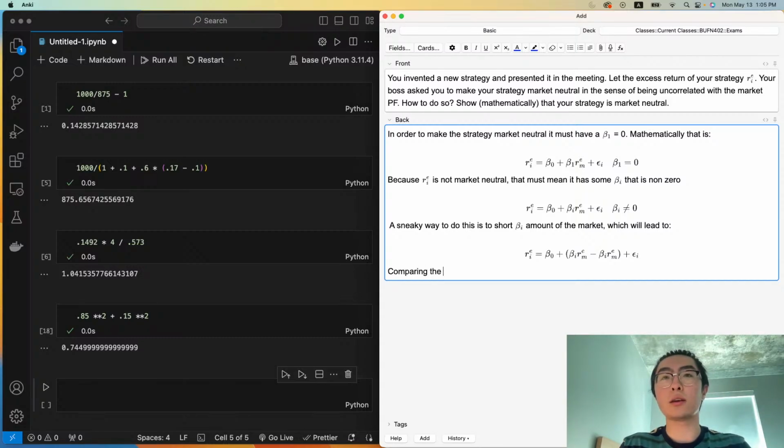Comparing the covariance between the new market neutral strategy and the returns on the market portfolio.